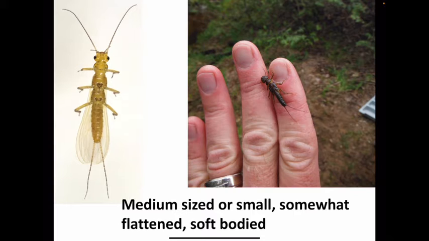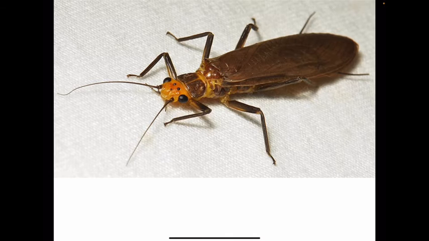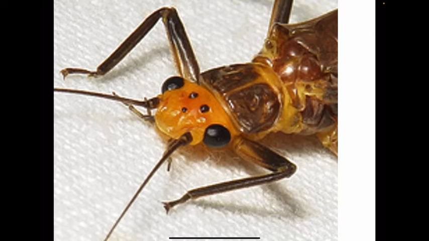If we see the order characters of these insects, they are mostly medium sized, some are small, somewhat dorsally flat body, and soft bodied insects. Coming to the head, it is prognathous type with long setaceous antenna, prominent compound eyes, and usually 3 ocelli are present.